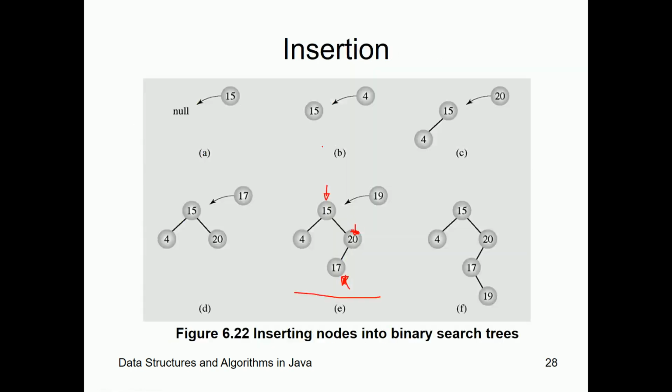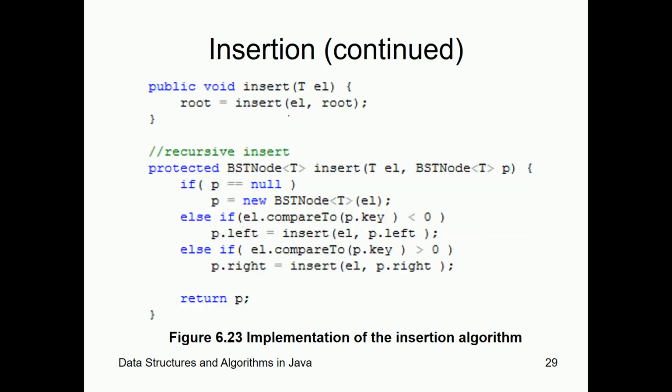Let's do it again. We have this 15, all right? We start with this 15. In the beginning it was null. Okay? I'm going to call insert. This is going to call insert with 15 and null, right?